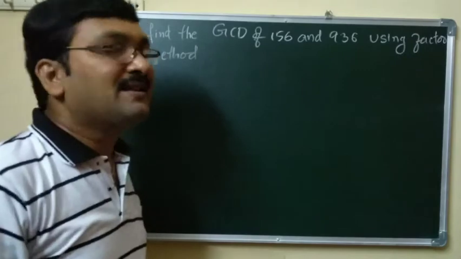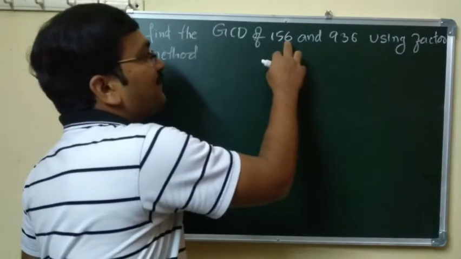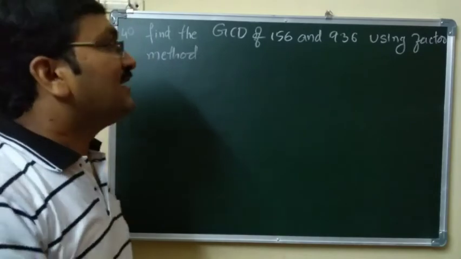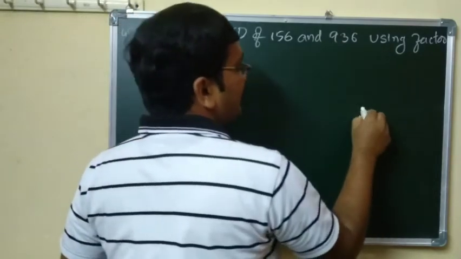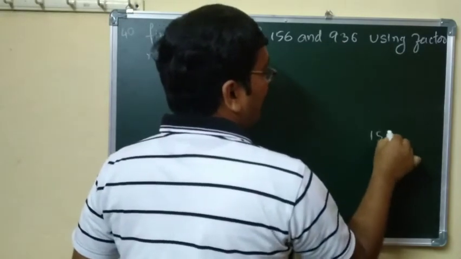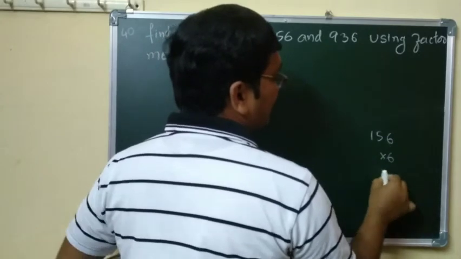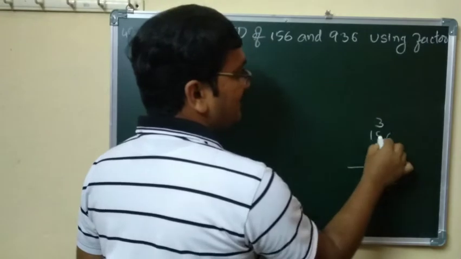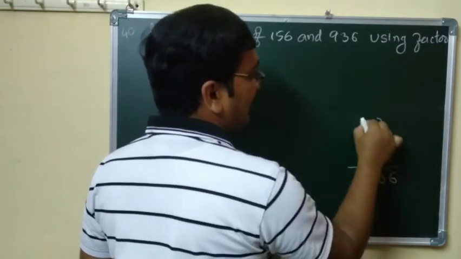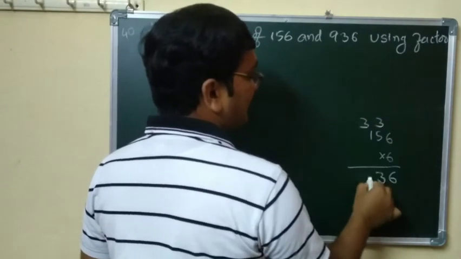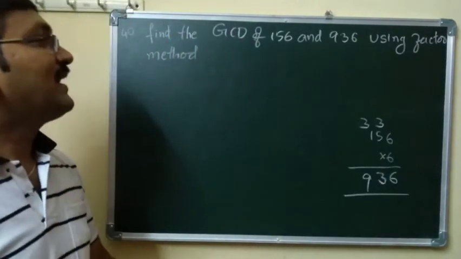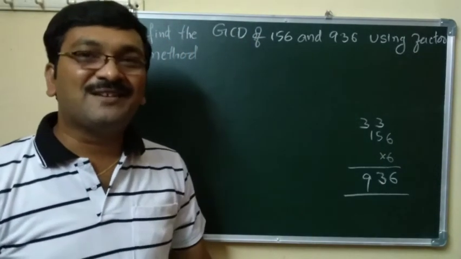Once we will check. 156 into 6: 6 6 36, upside 3. 6 5 30 plus 3 is 33, upside 3. 6 1 6. Yes, so the hint is given in the question itself.